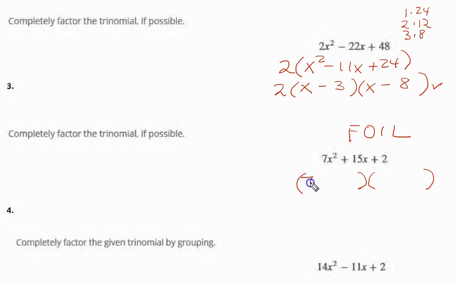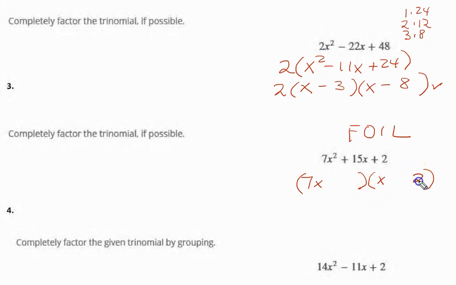So it has to be a 7x and an x. Now, 2 is prime. So 2 is either going to go here or there. Take a moment and make a decision.